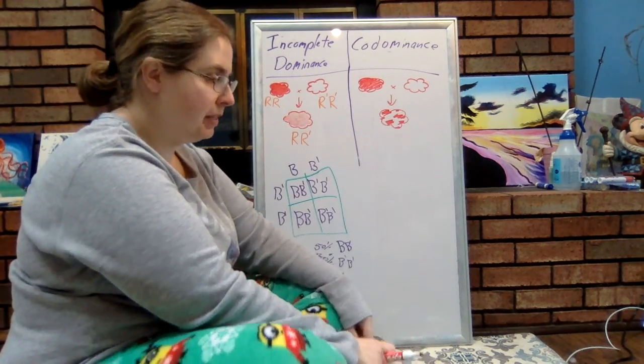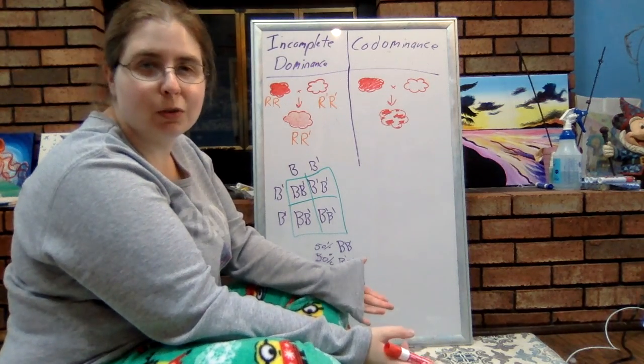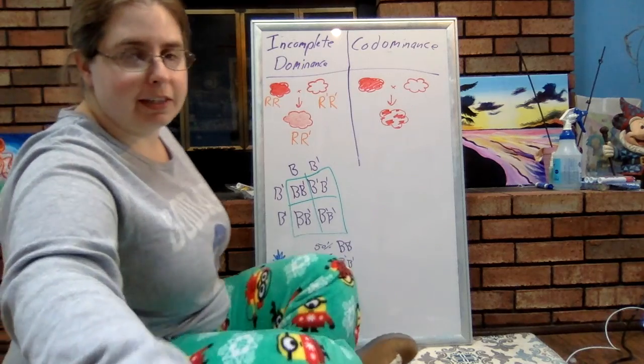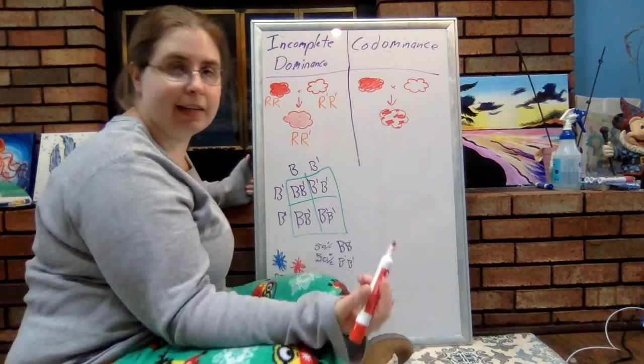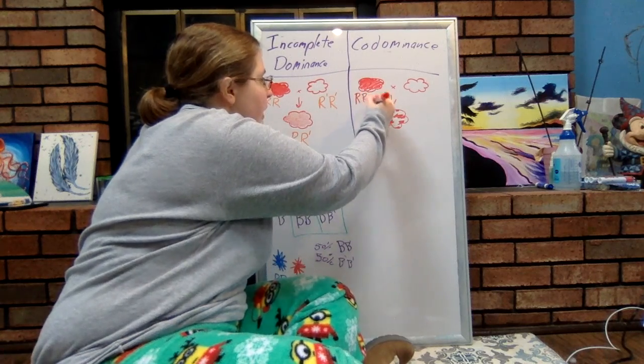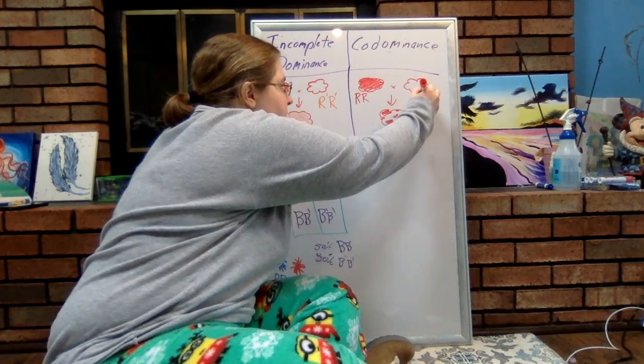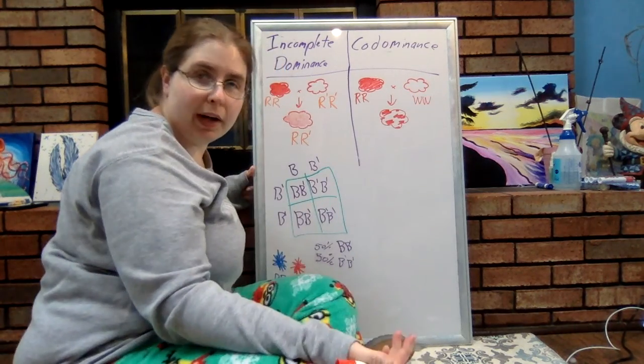All right, so putting this in terms of genotypes, a lot of times I do see codominance written as 2 different letters, more often than I do with incomplete dominance, and this is actually why. So R for red, W for white.